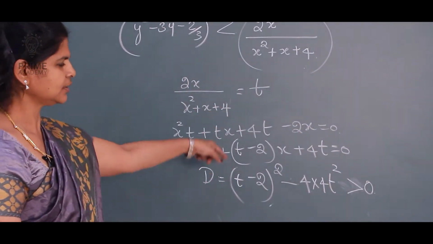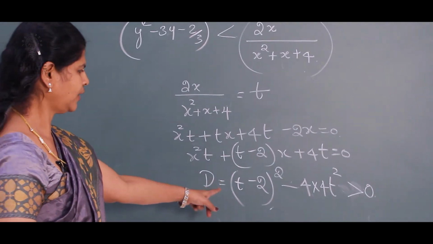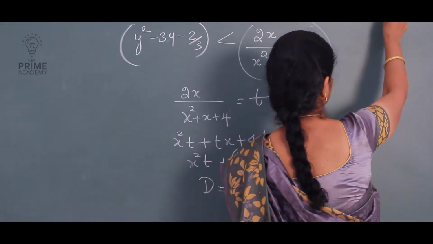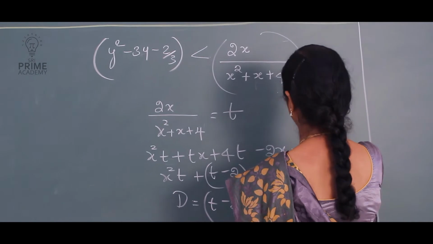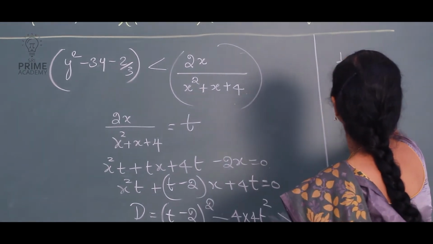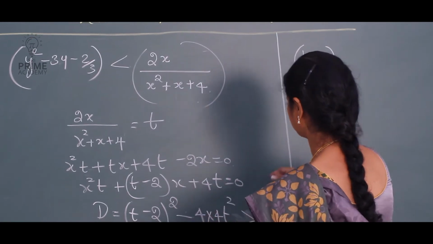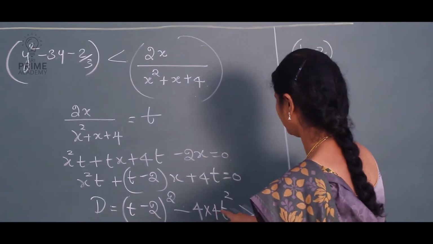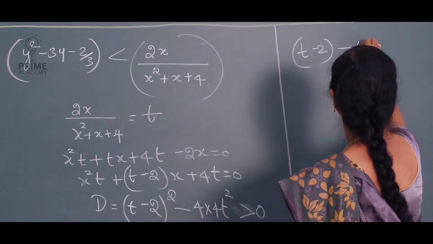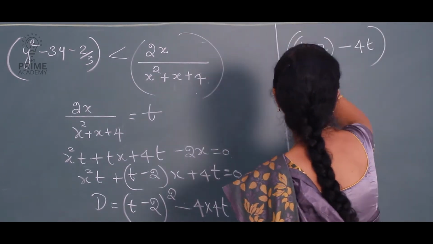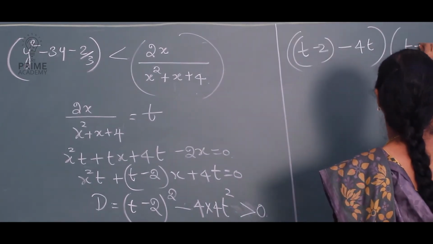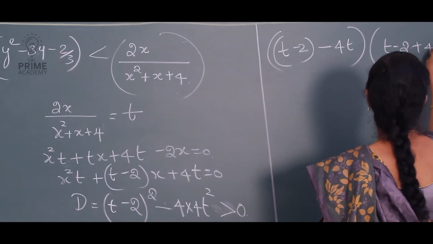So next you simplify this expression and find out the range of t values. So it is (t minus 2) squared minus (4t) squared.